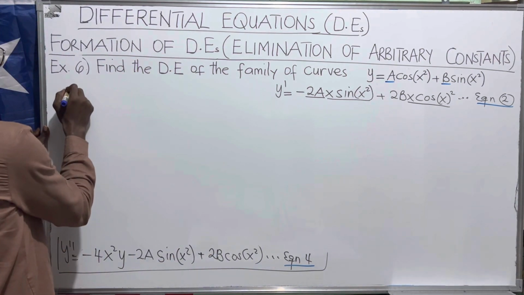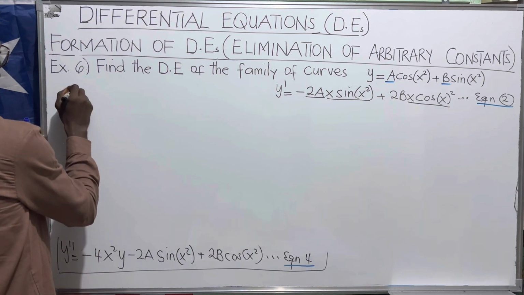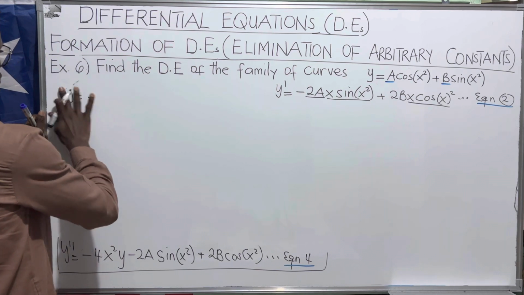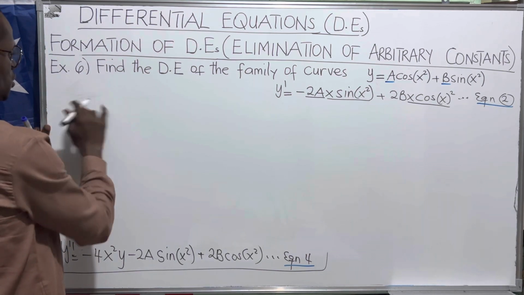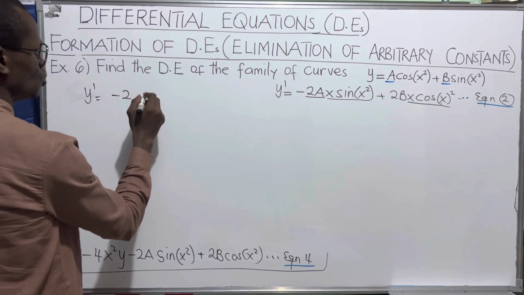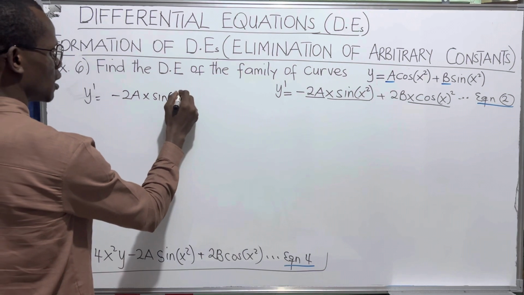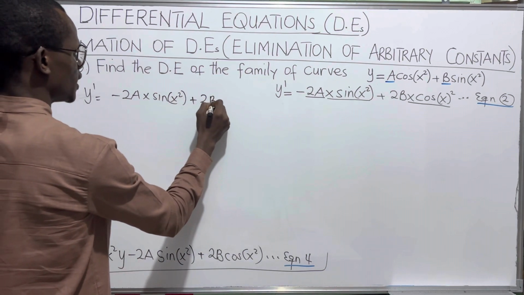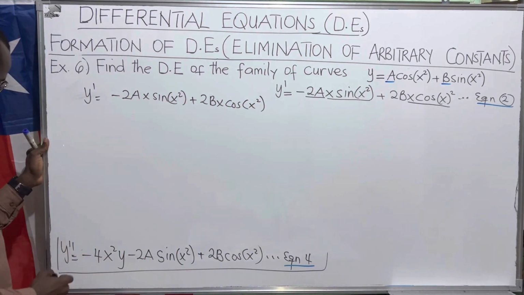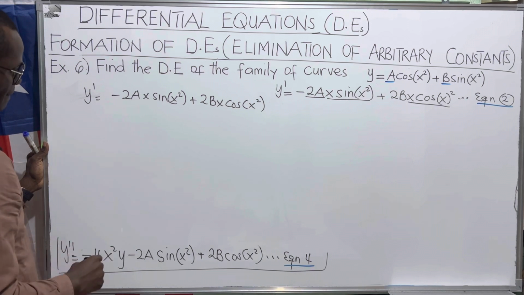So now we have y prime equals minus 2ax sine of x squared plus 2bx cos of x squared. And then y prime prime is minus 4x squared y.